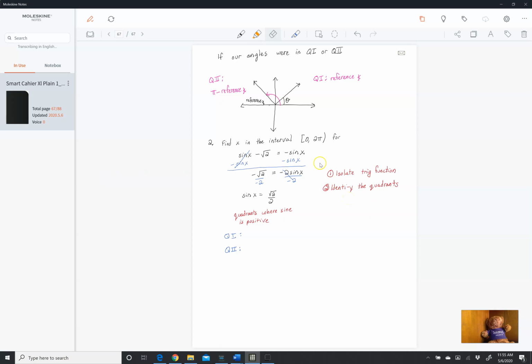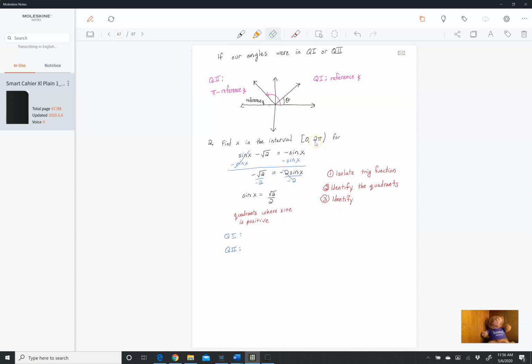What's our next step? Our next step is to figure out our reference angle. That's where we go back to our exact value chart. You should know in your exact value chart where you are. You should not have to go back and look at it. Now we are in radians because we look at the interval 0 to 2 pi, and it tells us that we're in radians.